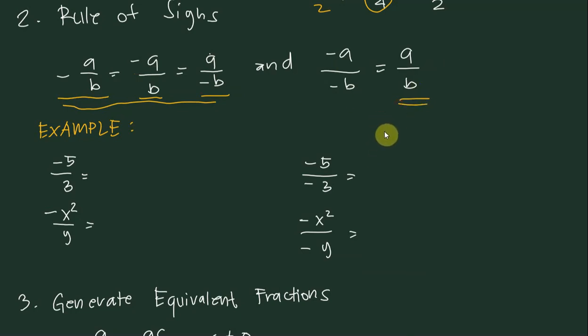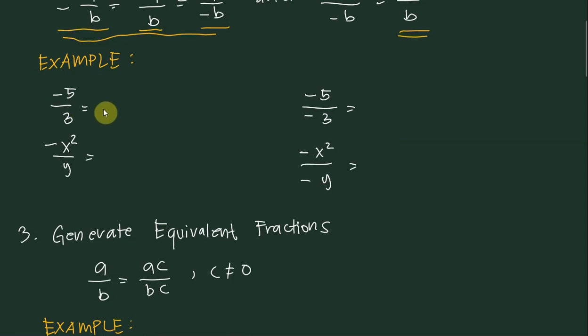So let's give some examples. Negative 5 over 3 is equal to 5 over negative 3, which is also equal to negative 5 over 3. Okay, so how about this one?